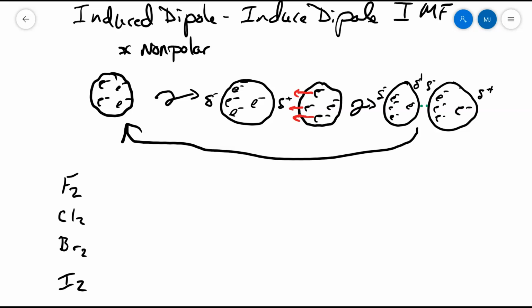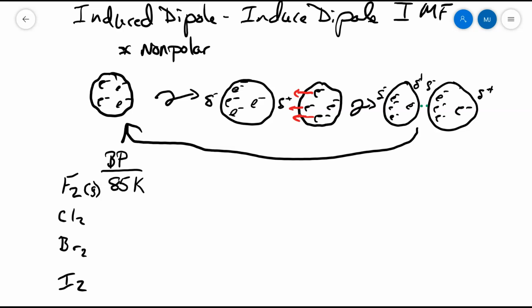These are 4 of the diatomic elements in the halogens. Next let me pull up their boiling points. Fluorine boils at 85 Kelvin. Remember, room temperature is 298. So fluorine is a gas at room temperature.